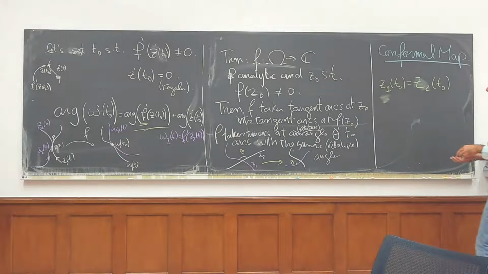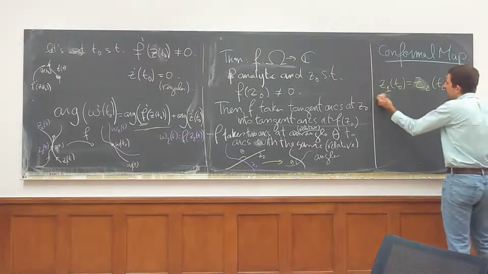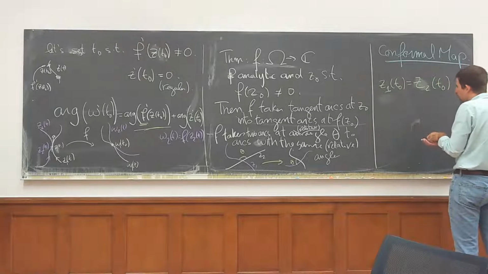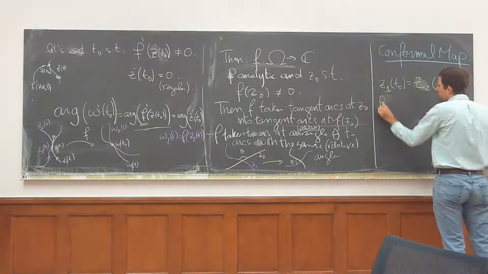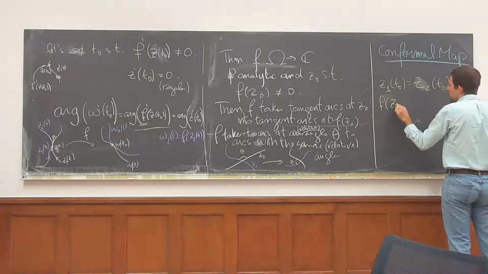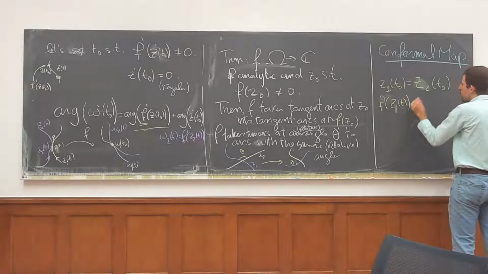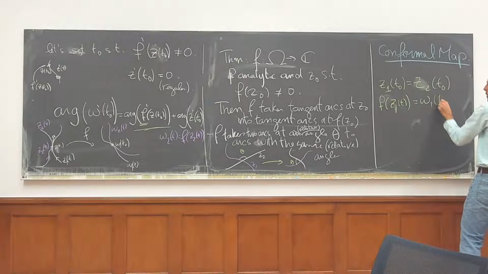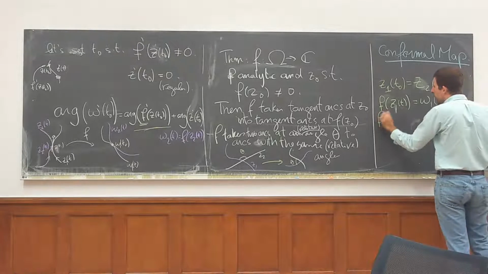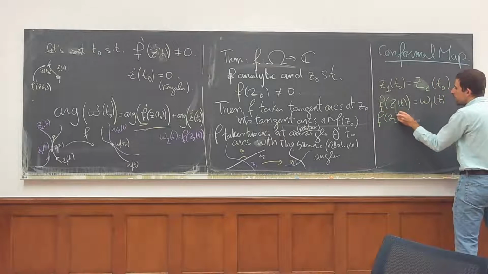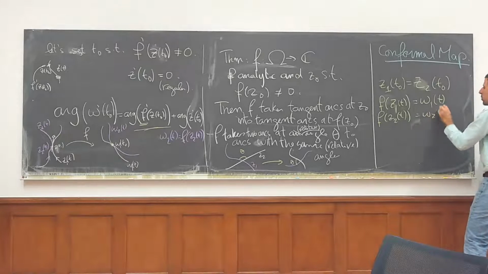Okay, then when I apply f, f of z1(t), I'm calling it w1(t). This is the new curve. And f of z2(t), I'm calling it w2(t).